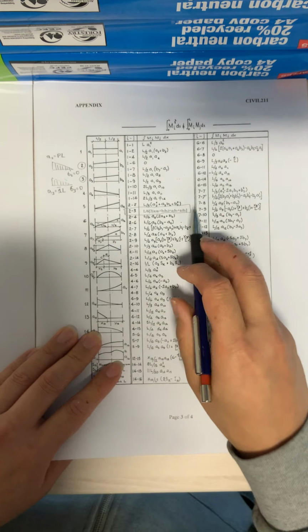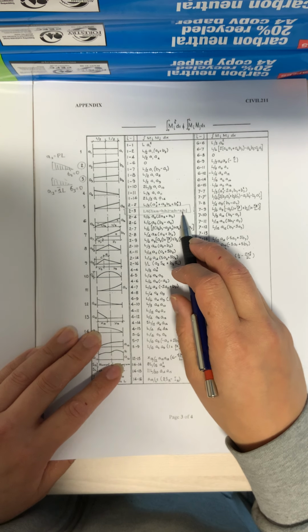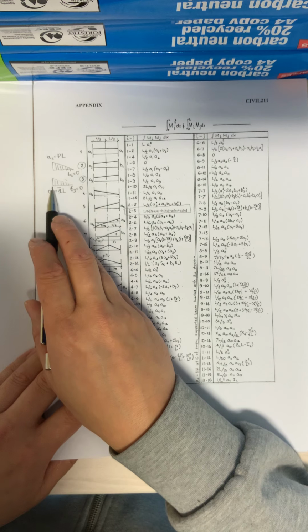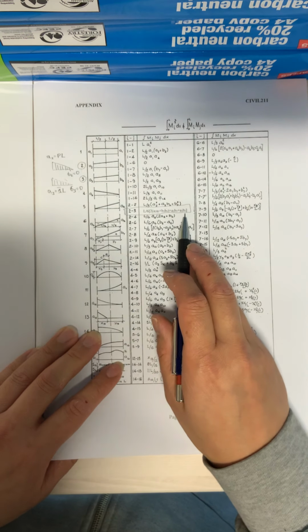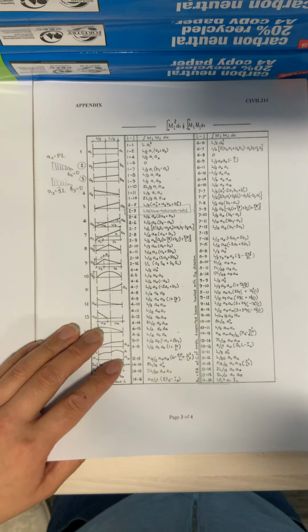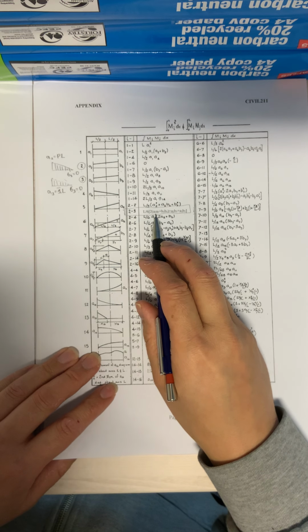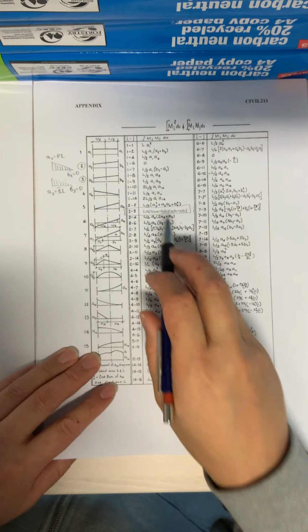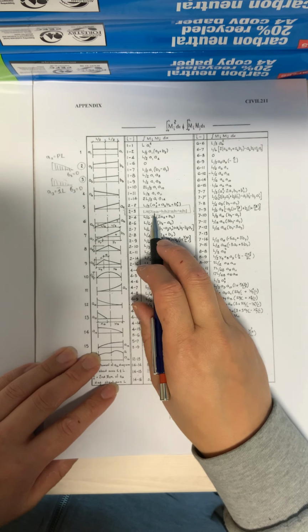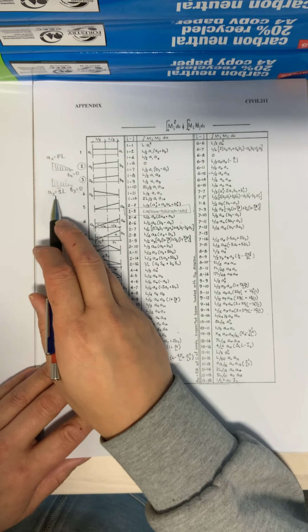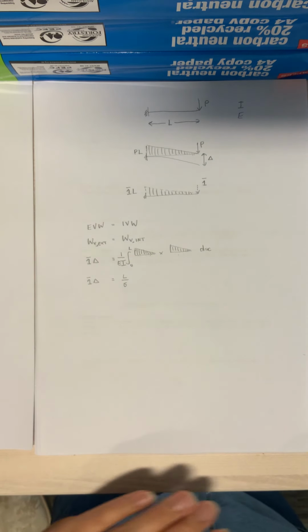And A3 times B2, that one is going to be 0. Sorry if I made a mistake when I was reading this out. I actually have a bit of trouble seeing. So we have A2 multiplied by A3, and A2 is PL, and A3 is 1 bar L.